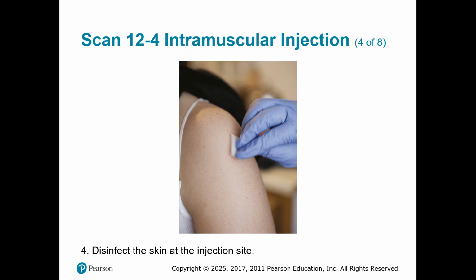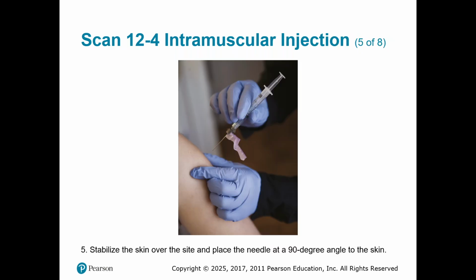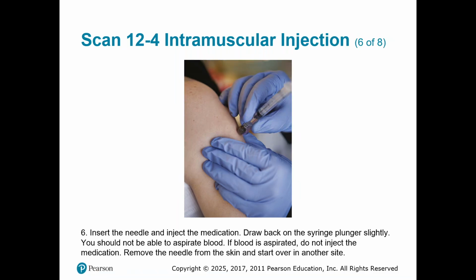You're going to clean the site. You're going to go in for the kill here, 90 degrees. See how instead of folding the skin up, now the skin is being held taut. Goes all the way down to the hub.